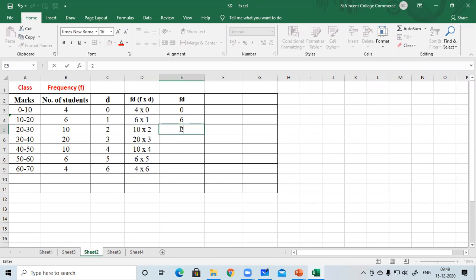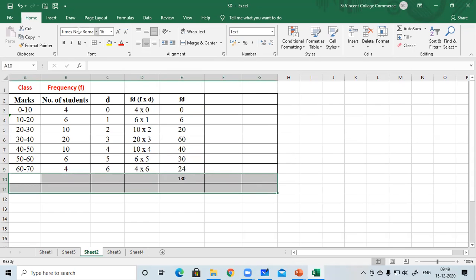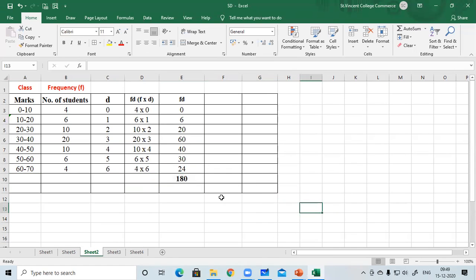So you have 0, 6, 20, 60, 40, 30, and 24. The total of this is known as your summation, sigma FD.